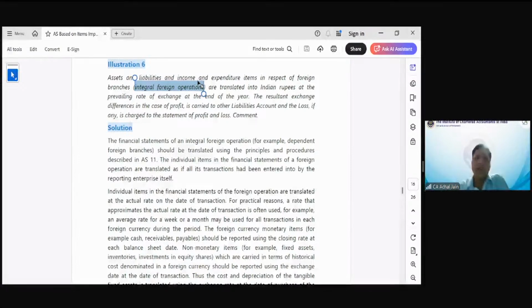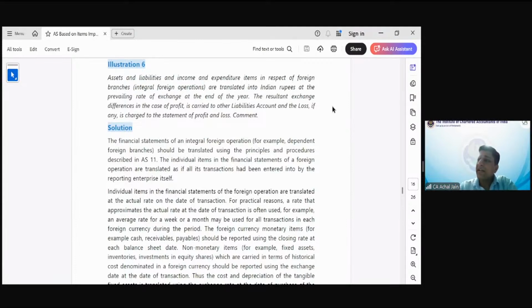You need to comment on this. Over to you. Do you think this is appropriate? Tell me quickly. So Ishan is asking, sir, that FCTR is a temporary account? Yes. Rohan is saying, no, this accounting treatment doesn't seem to be in line with what is required to be done.